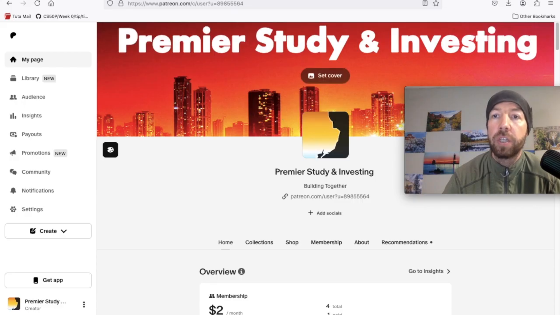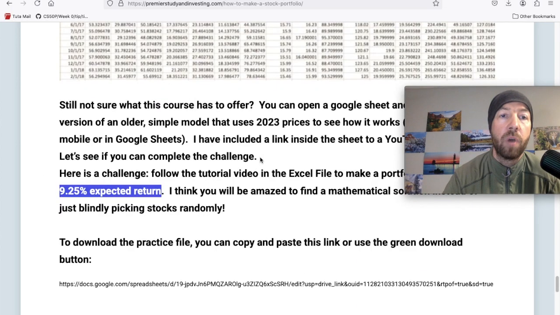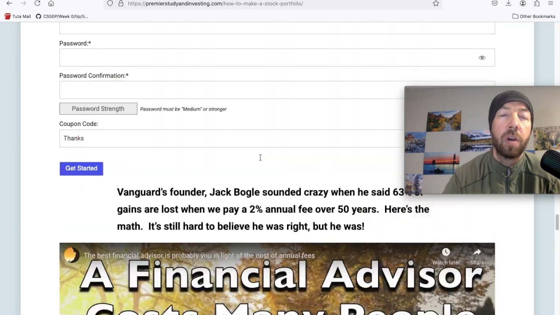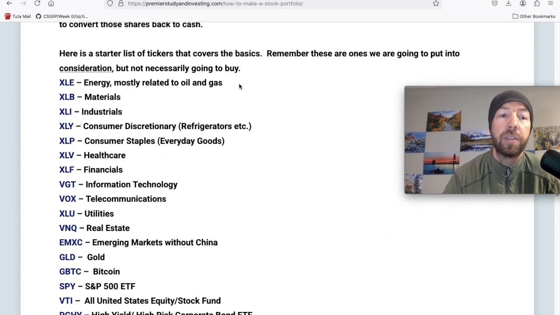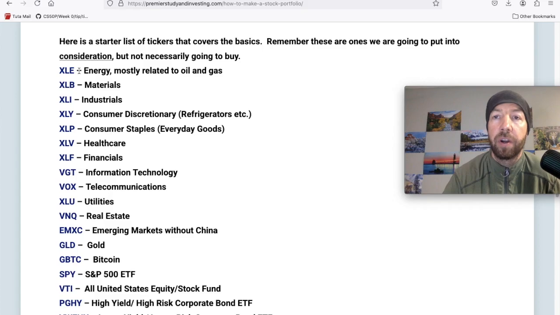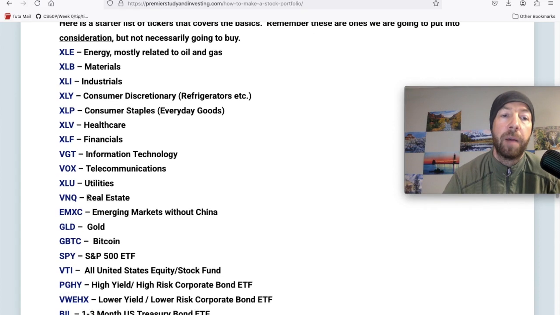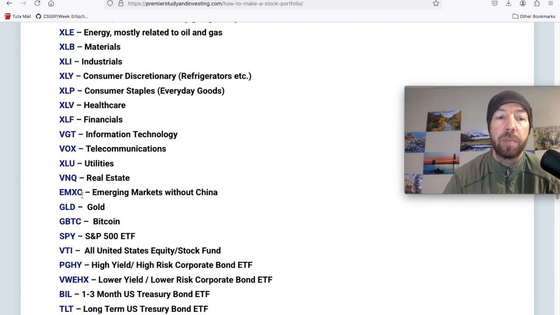I think what I should tell you about the one, if you buy it, is that it will go off of this suggested list. So these top 11 assets are ETFs for each of the 11 equity sectors in the United States. And then I added some extra assets like emerging markets without China, gold, Bitcoin, and the S&P 500. Like I said, I want to know, are we outperforming the S&P 500?